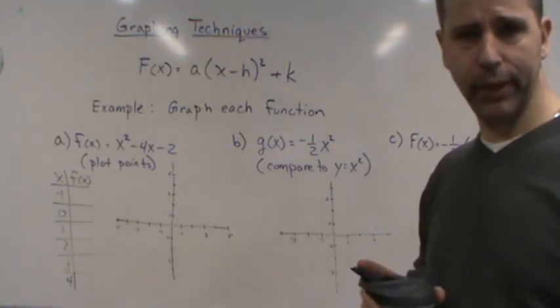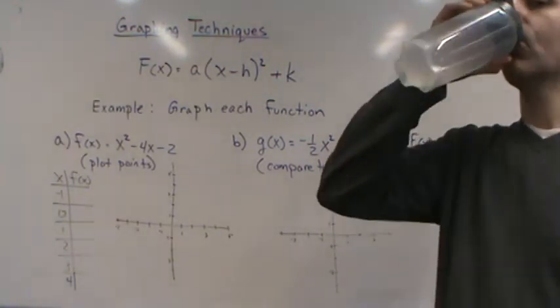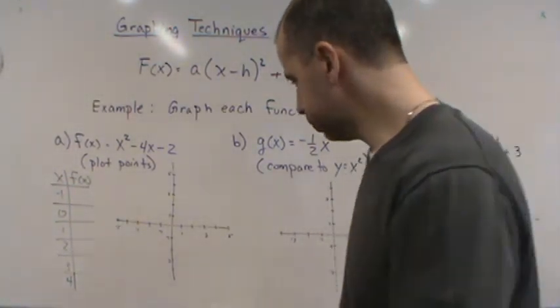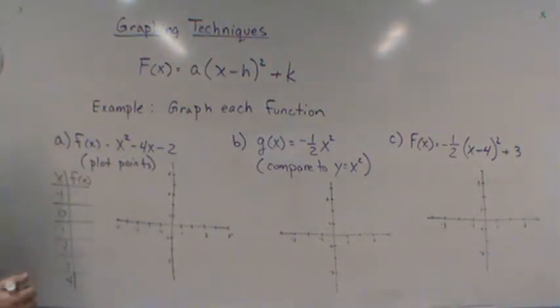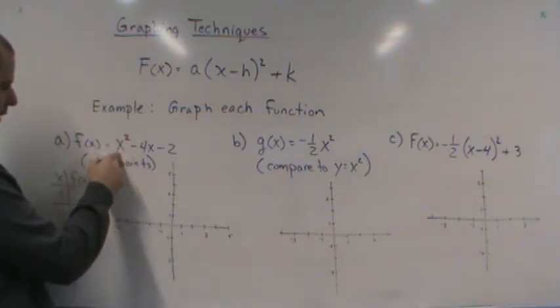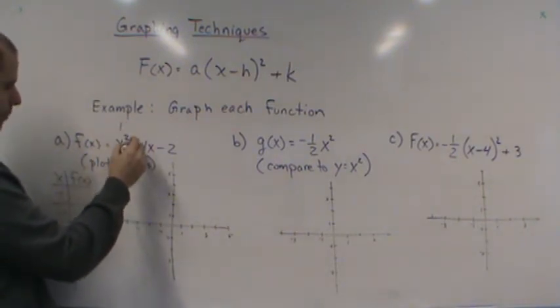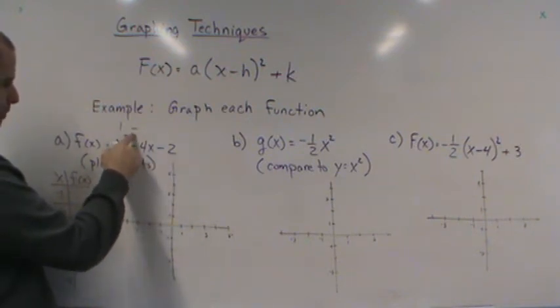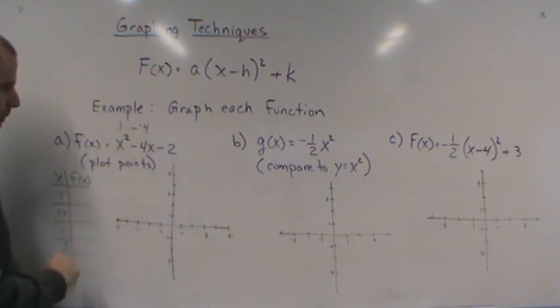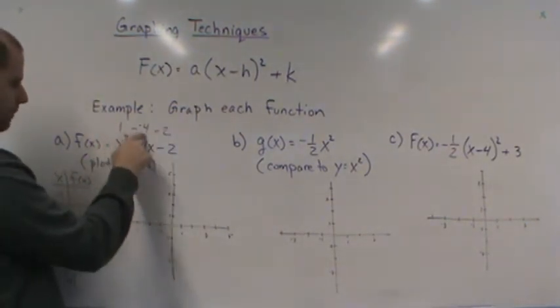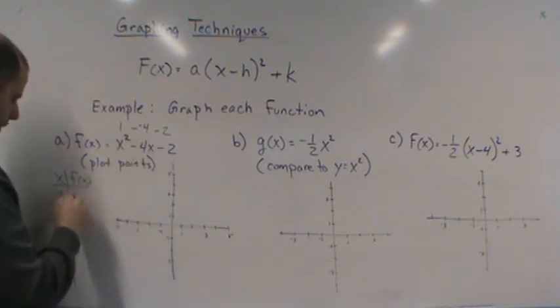So we're just going to plot points for A. If x is negative 1, we get negative 1 squared, which is 1, minus 4 times negative 1, which is negative 4, but we're doing minus a negative 4, minus 2. So we get 1 plus 4, which is 5, minus 2 is 3. So we get 3 here.